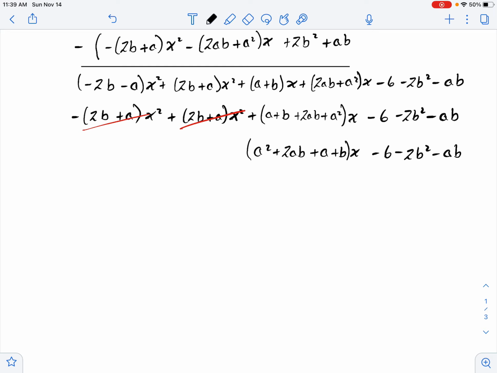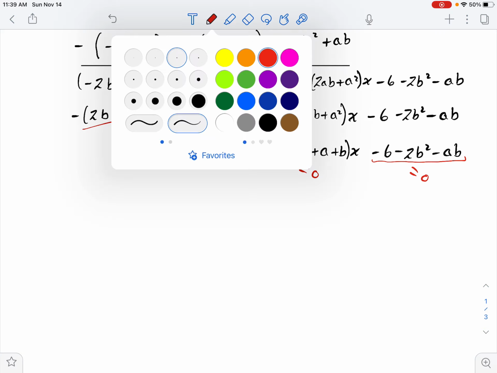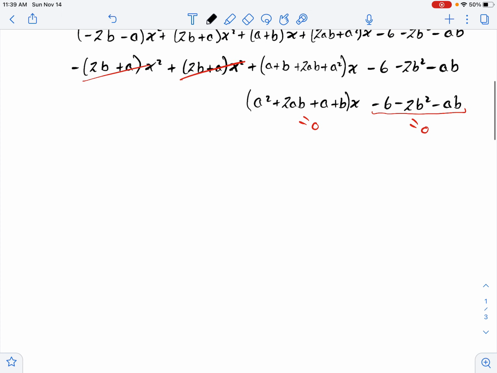That is my remainder. We know that because x squared was a factor of that cubic, this here must be equal to 0, and this here must be equal to 0. And so I can set up two equations in a and b.